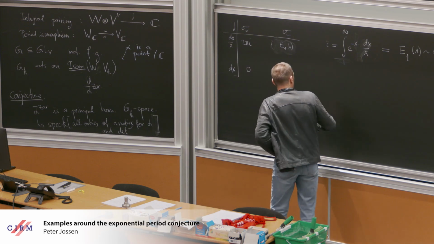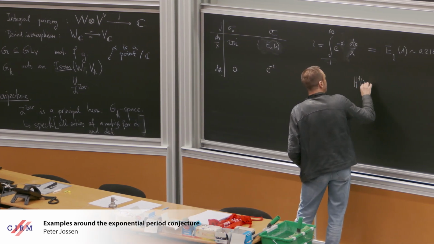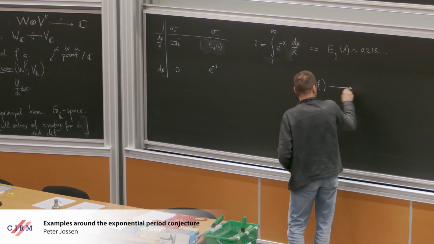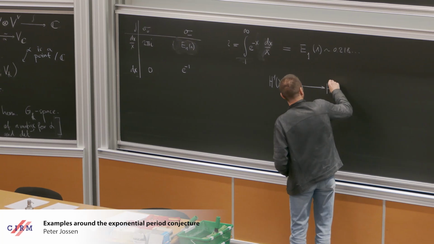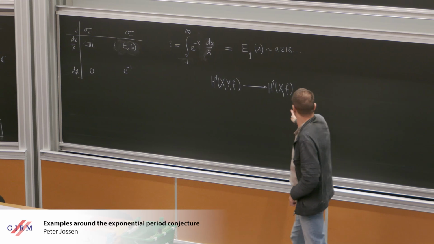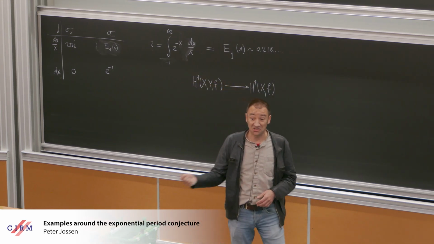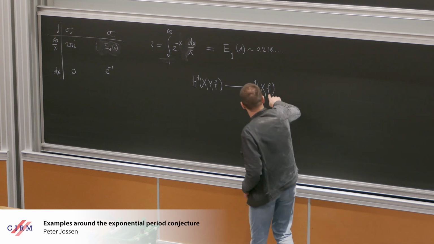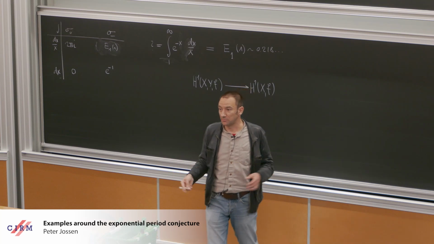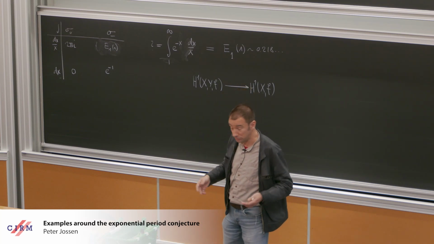So indeed, I have here my motif, which is H1 of X, Y, F, and I can send it to H1 of just X and F. So there's a map that sends the identity by the identity, X goes to X, the empty subset, which I didn't write here, goes to Y, F goes to F. That's a perfectly fine morphism of triples.